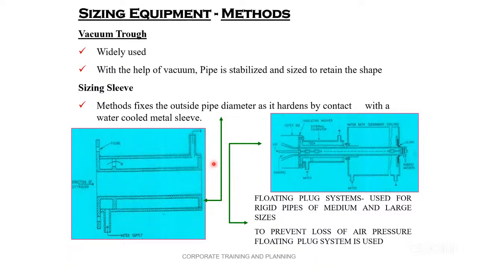If you see now here, floating plug systems are used for rigid pipe of medium and large size. To prevent loss of air pressure, a floating plug system is used. What is a floating plug, friend?